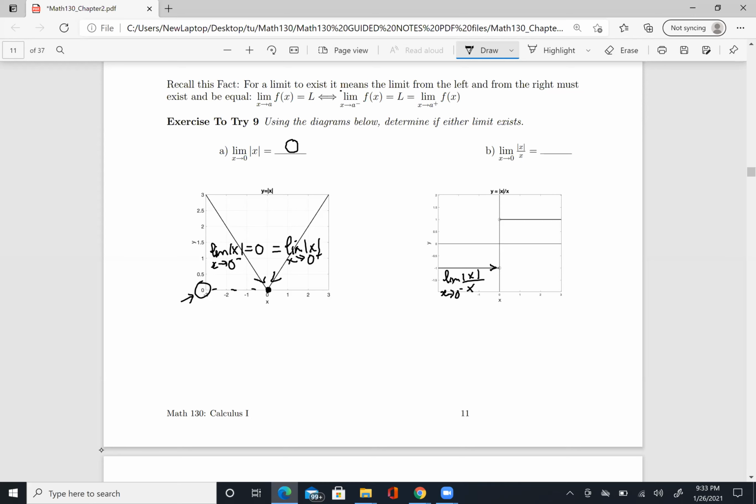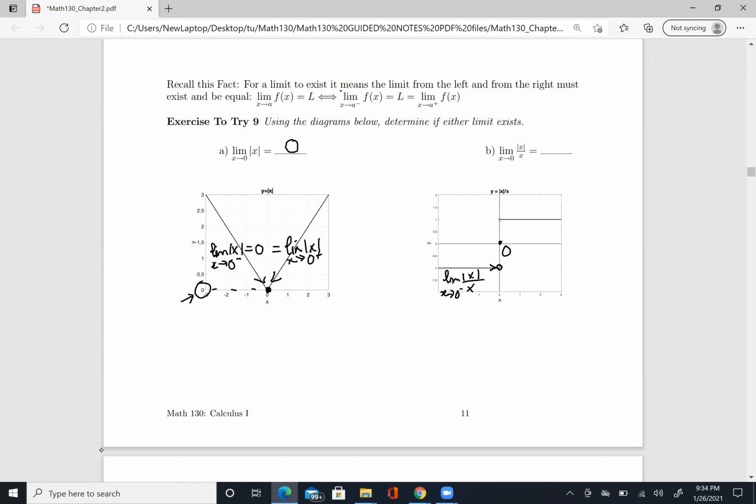Where's x equals 0? Here is x equals 0, right? And the graph tries to go to this point. What is that value? I would say -1, right? So this one is equal to -1.